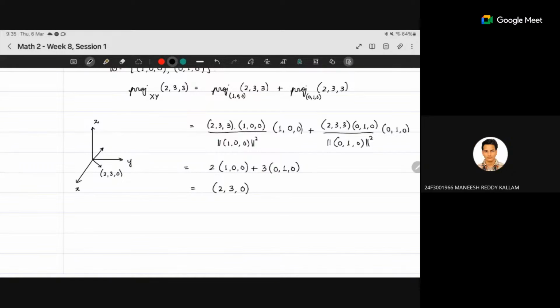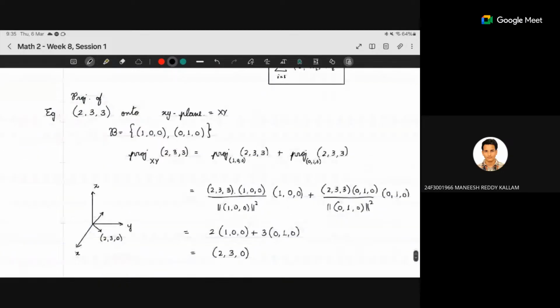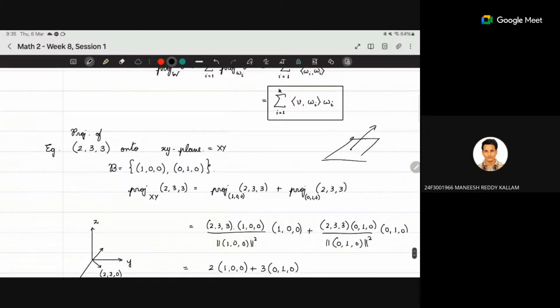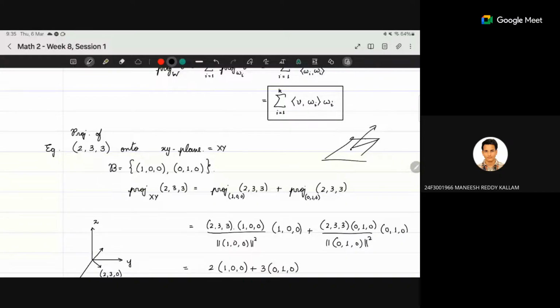Sir, could you once again explain, sir? Okay, so when you're projecting onto a subspace, at least in R3, if you're projecting onto a plane, and if you have a vector not on the plane, the projection can be visualized as the shadow of this vector when light falls from a direction orthogonal to the plane.